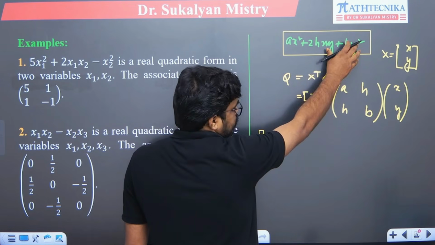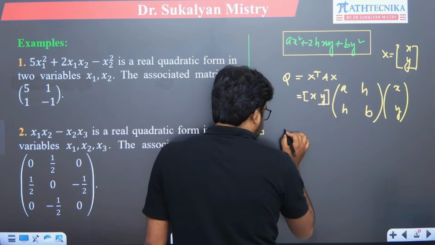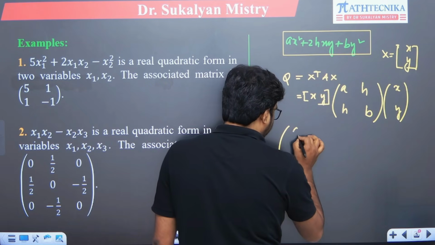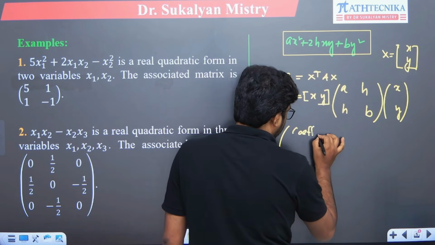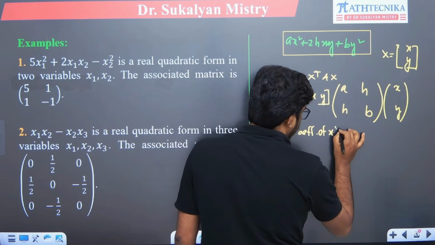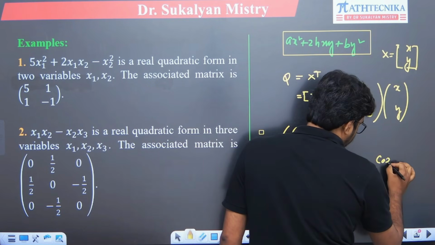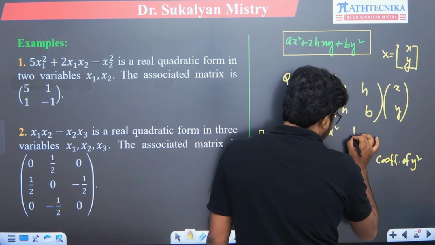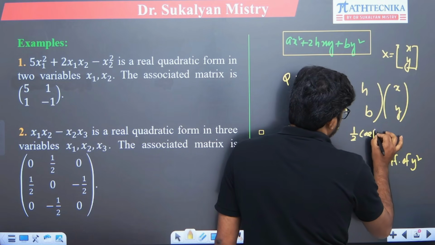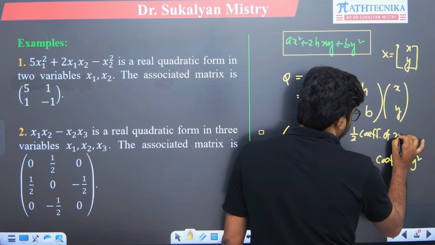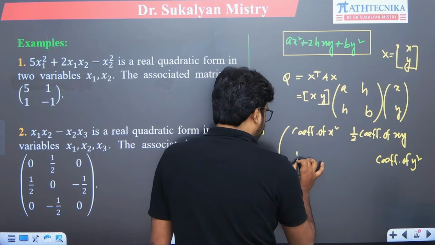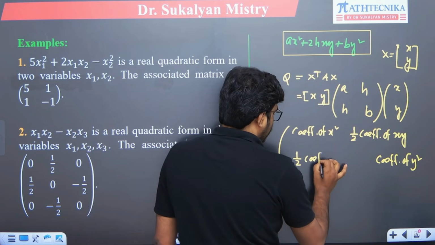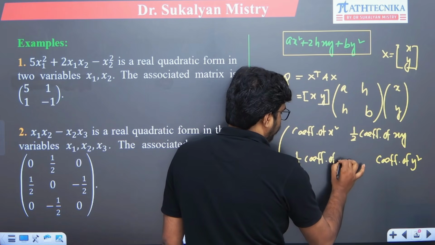So for a 2 cross 2 matrix, here the number of variables is 2, so how to find the associated matrix? This is the rule: coefficient of x square, coefficient of y square, and this will be 1/2 coefficient of xy, and this will be 1/2 coefficient of xy.